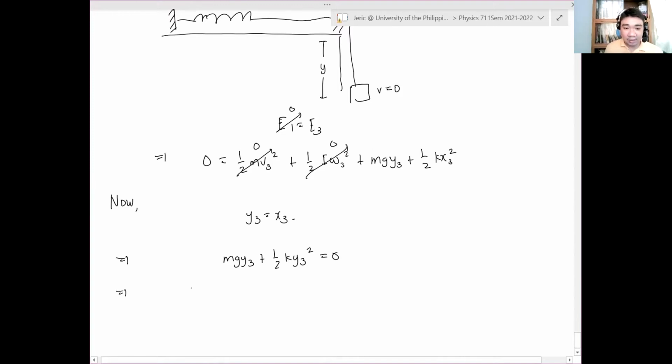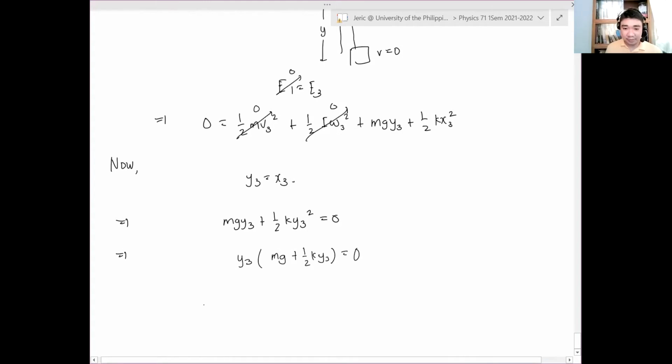I'll factor out y3, so you have y3 multiplied by mg plus 1/2 k y3 equals 0. And thus, the first solution is y3 equals 0. It means that it is the initial state of the box, where there is no kinetic or potential energy, no rotational or translational. Wala talagang gagalaw dyan. Hence, this is not what we want. What we want is some finite non-zero length such that there is no final translational or rotational kinetic energy. And you have mg plus 1/2 k y3 equals 0.